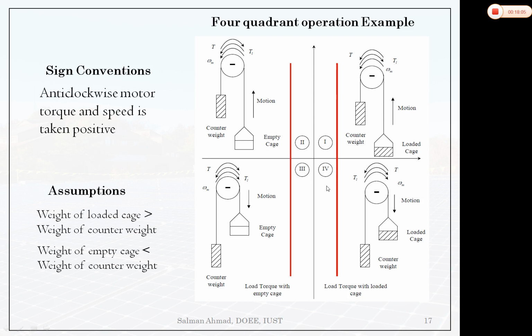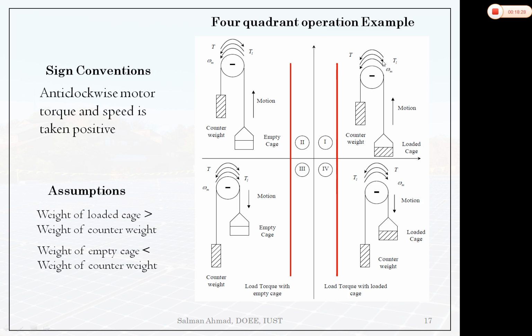In the first quadrant we have the loaded cage, and here is the counterweight. Naturally this will go down because its weight is more than the counterweight, but we have to pull it up. So the load torque will be in the clockwise direction, the second one you can see.